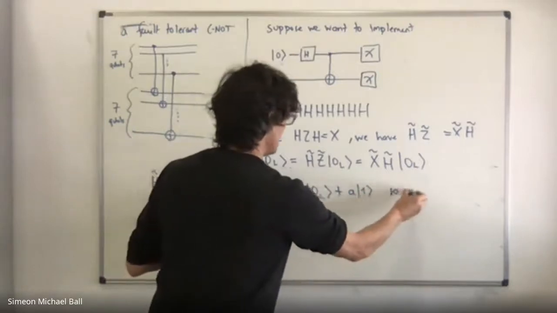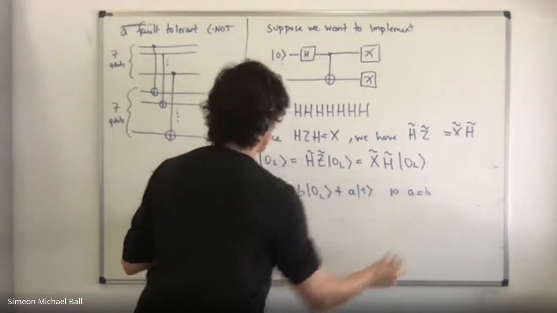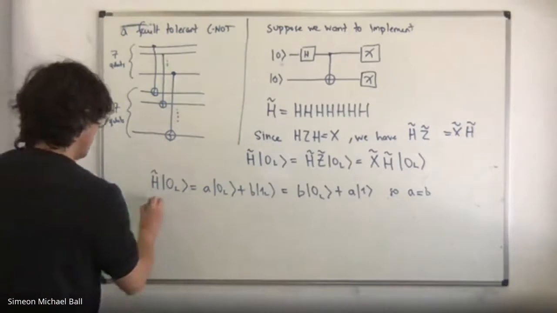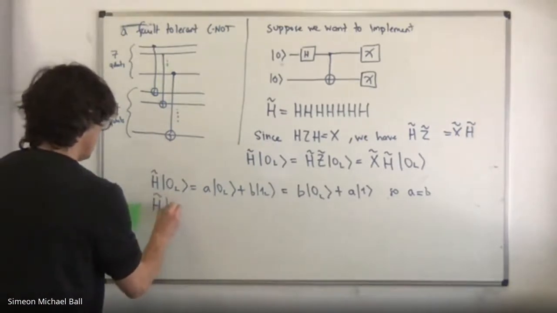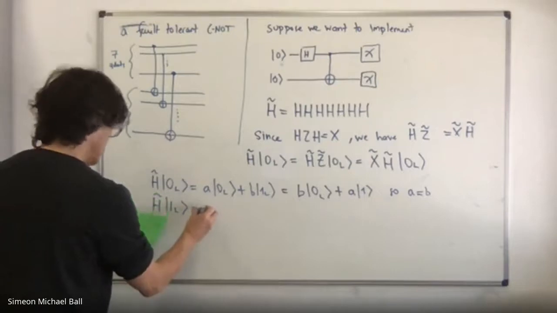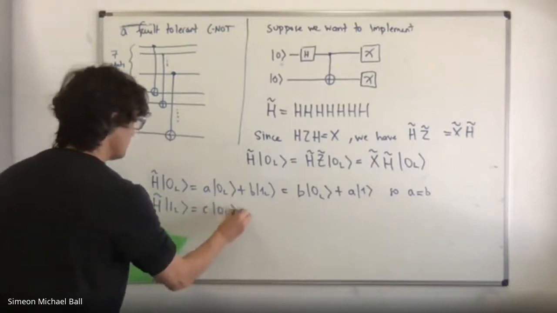So A is equal to B. And now H one logical is equal to, let's say, C zero logical plus B logical.